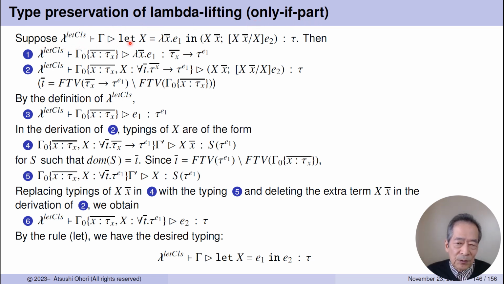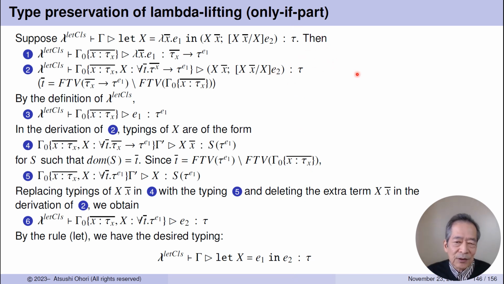We suppose the resulting term of the one-step lifting transformation has some typing, and then the original one is also typable under the same gamma and tau. Again, I skip the detail, as the situation is the same as the if part.